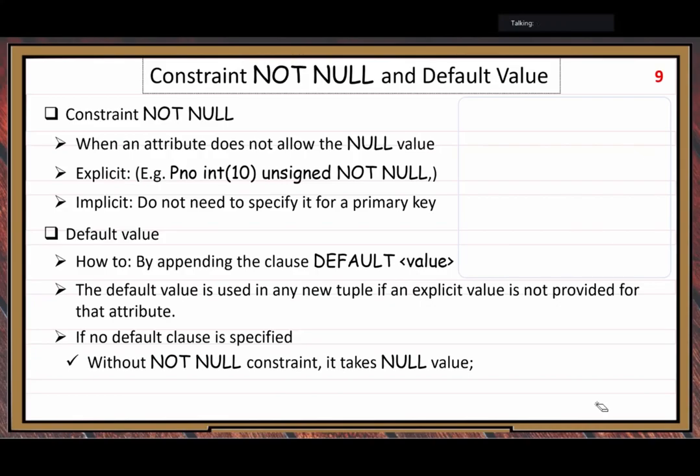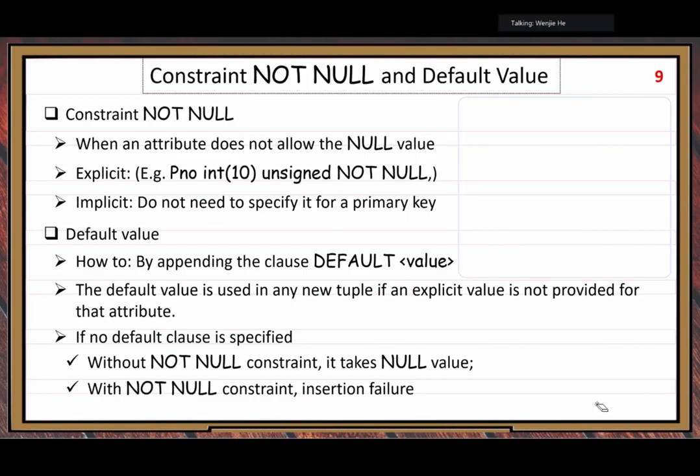But with not null constraint, insertion failure. So you require this column must be not null, but you do not provide a default value. Then this data entry must be rejected.